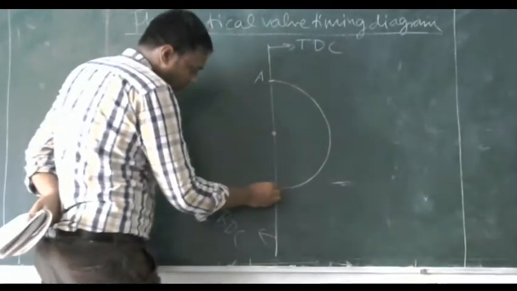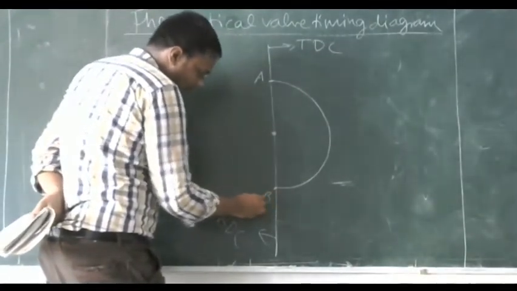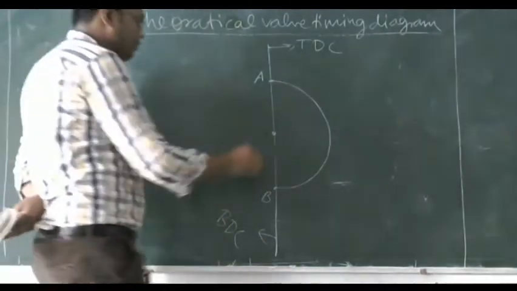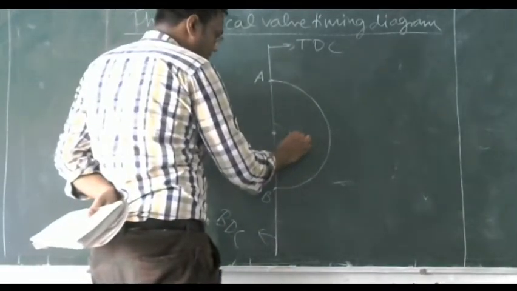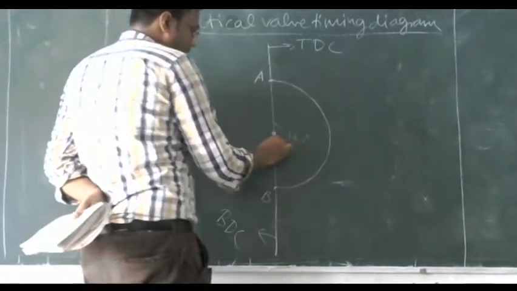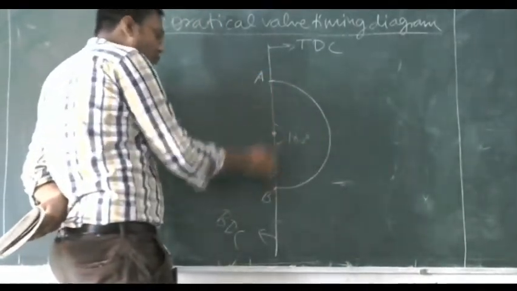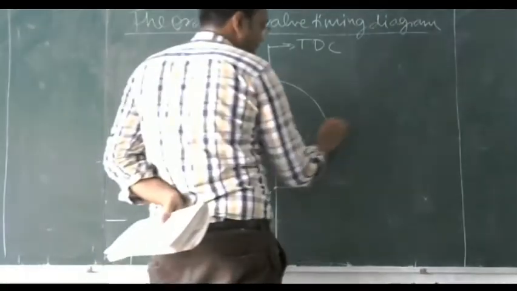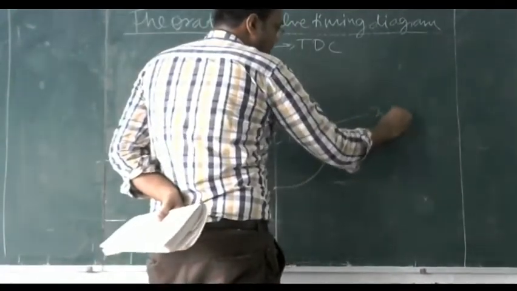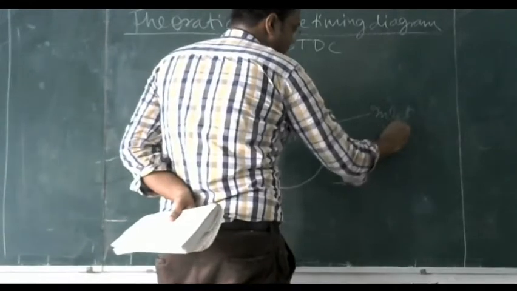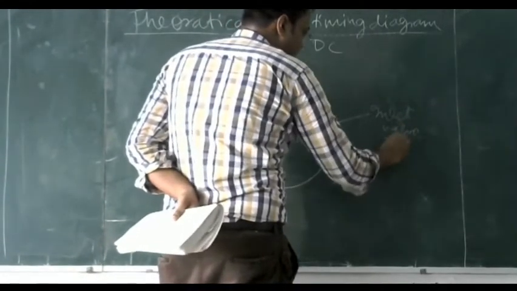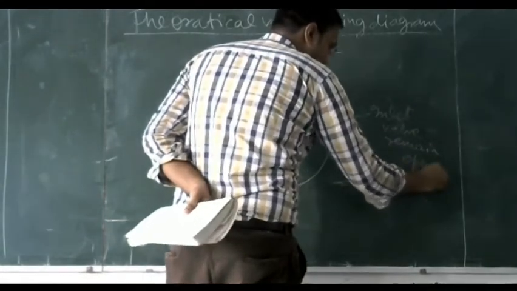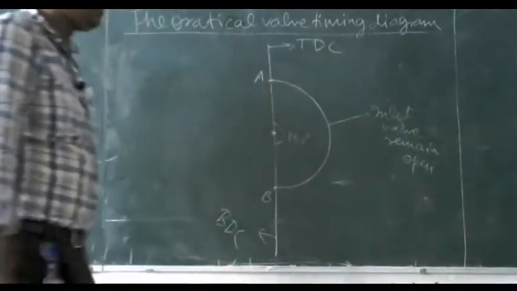Let us assume this is point B. And during this stroke from A to B, during the suction stroke, the inlet valve remains open.